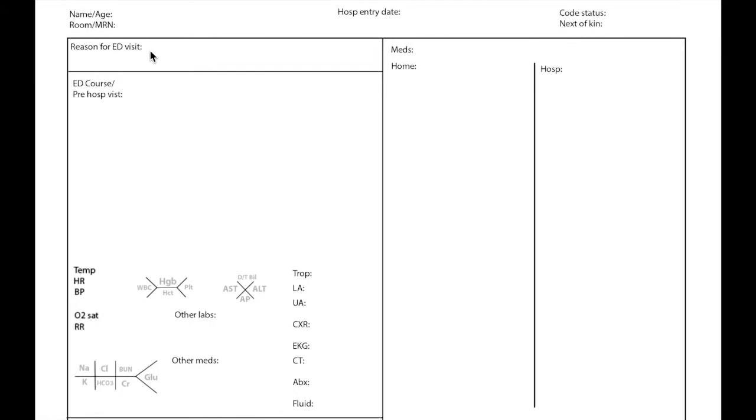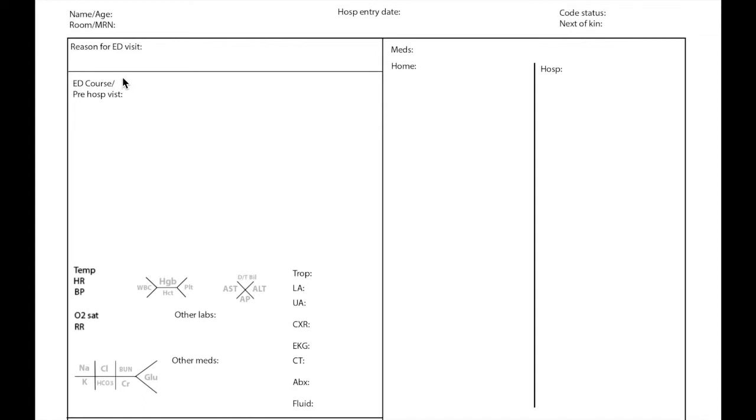At that time, we had to dig deeper to find out why he was persistently short of breath. At the end, we decided that he was a big overweight guy, and that was leading to his persistent shortness of breath, and we ended up discharging him anyways. But that's the reason I like to know the exact reason for ED visit, because this has to be addressed before a patient is discharged.